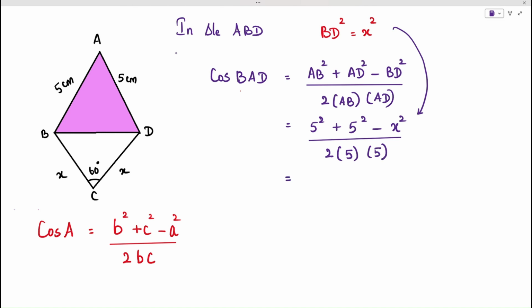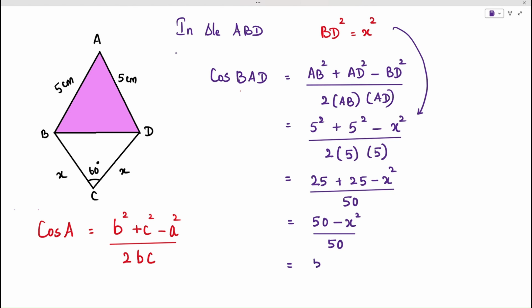Now from here we can simplify, so we get 5 squared, which is 25. So 25 plus 25 minus x squared over 2 times 5 times 5, which is 50. So we're left with 50 minus x squared over 50. Now we can separate this fraction into 2 other fractions, with the same denominator.